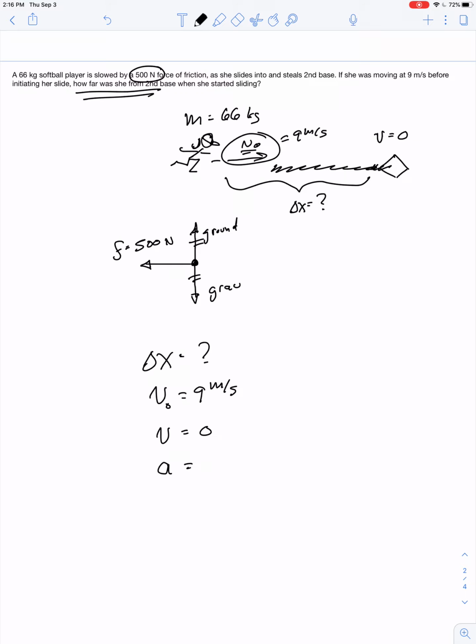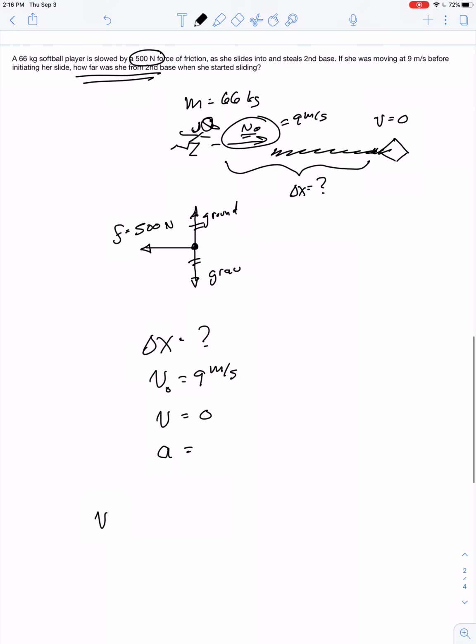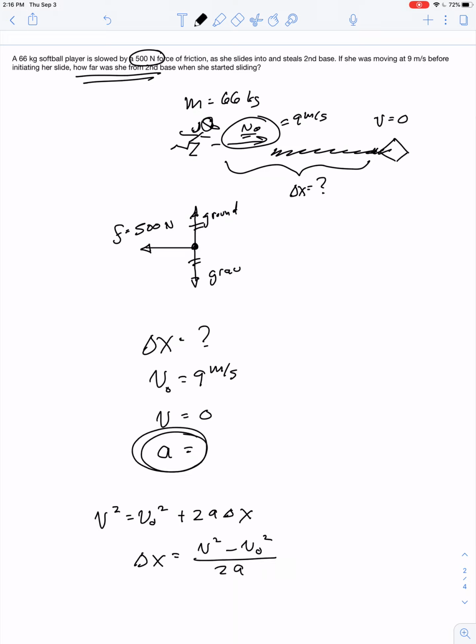If only we knew acceleration, then again, we could use the same kinematics equation we've used in every one of these example problems. V squared equals V initial squared plus 2a delta x. So delta x is final velocity squared minus initial velocity squared over 2 times the acceleration. But we can get the acceleration as long as we divide the net force by the mass.